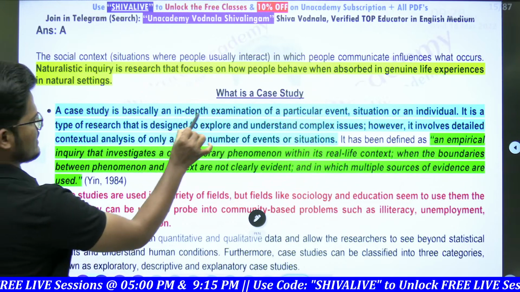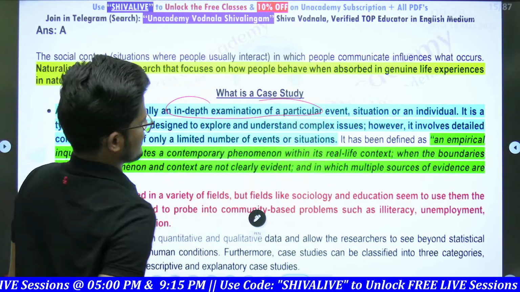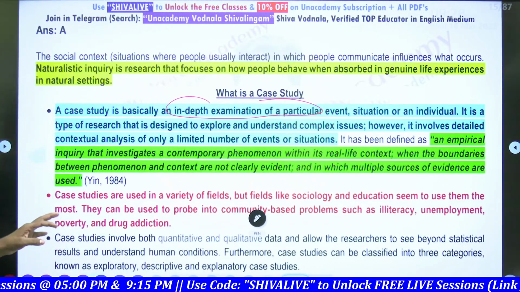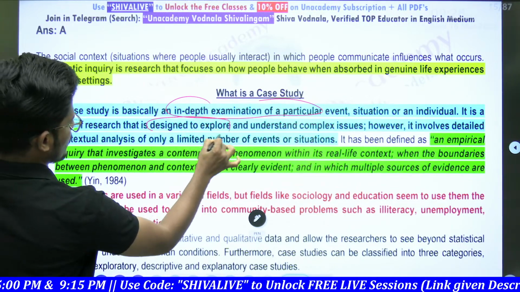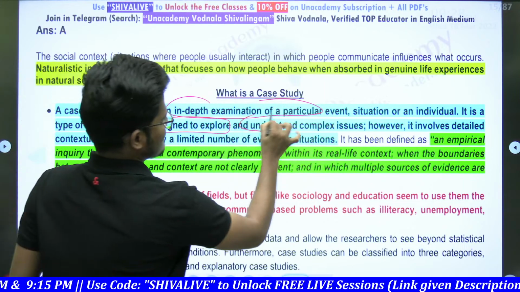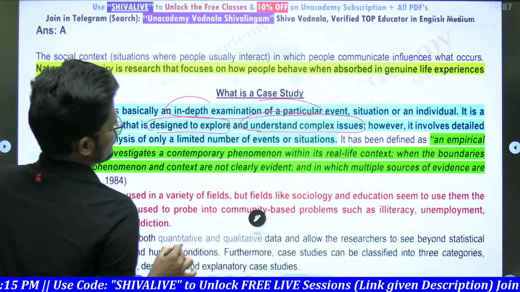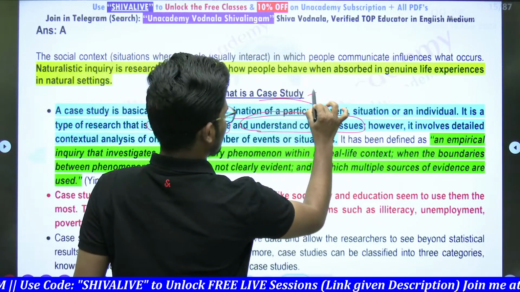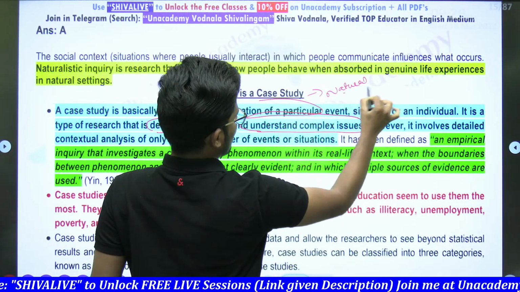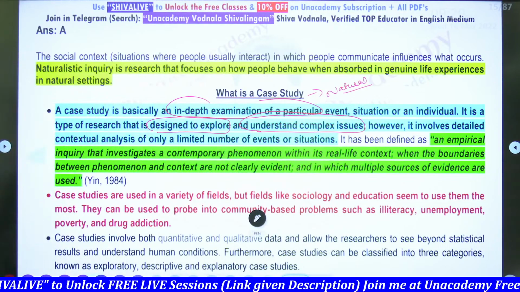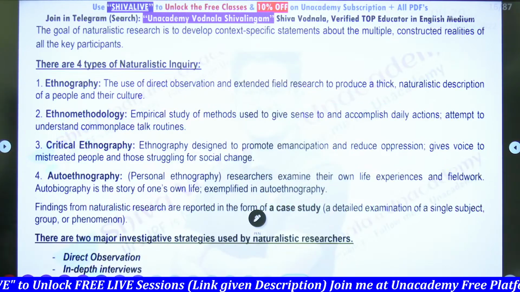Case study is basically an in-depth examination of a particular event, situation or individual. So here it is research that is designed to explore or understand complex issues. When we are trying to explore, it becomes natural because the reality comes out. That's why it is a naturalistic setting and the case study will be used.